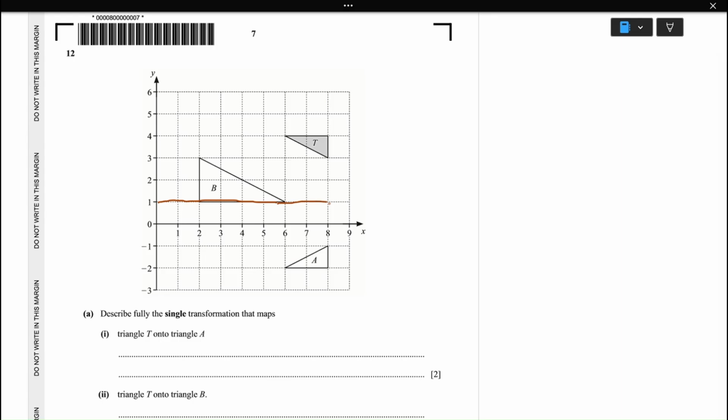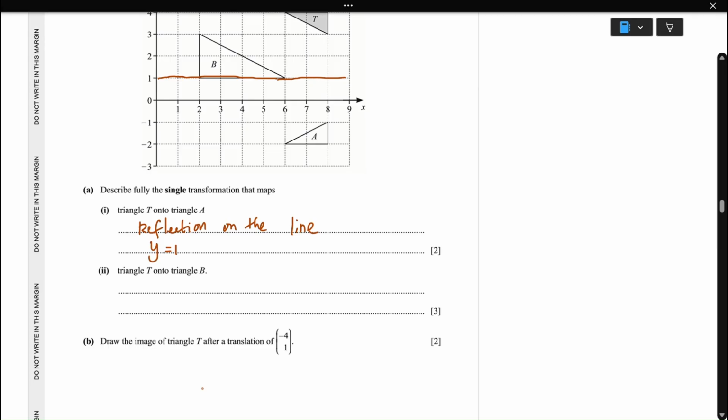This is the mirror line. So what we write, this is reflection. Then reflection y equal to 1. Yeah, so we need to write a reflection on the line y equal to 1.